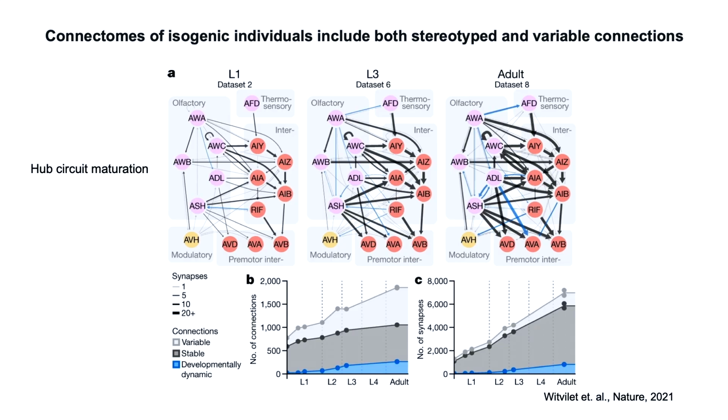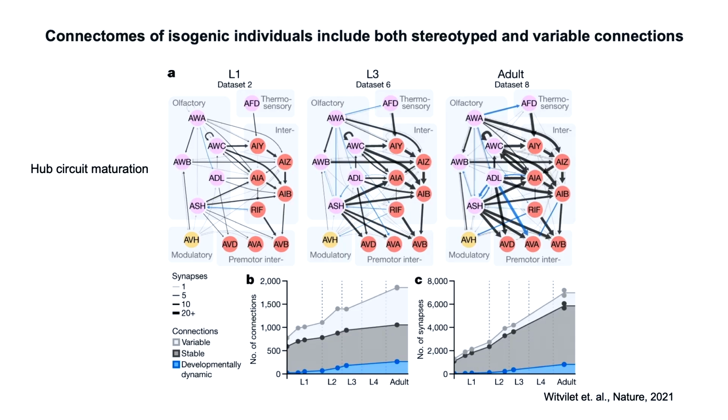So, although the animal is maturing, the majority of the connections that are still retained are the stable connections, but there are some developmentally dynamic connections. These connections occur mostly in the modulatory circuit, that modulates the basic framework.